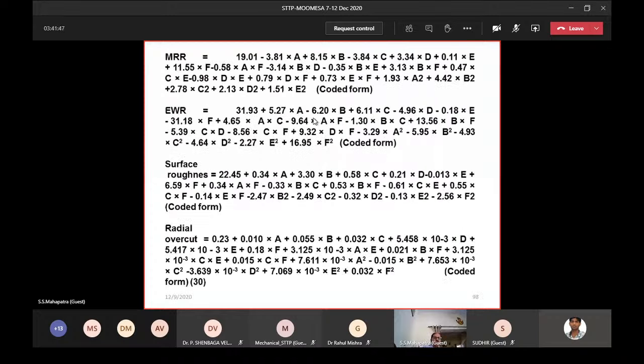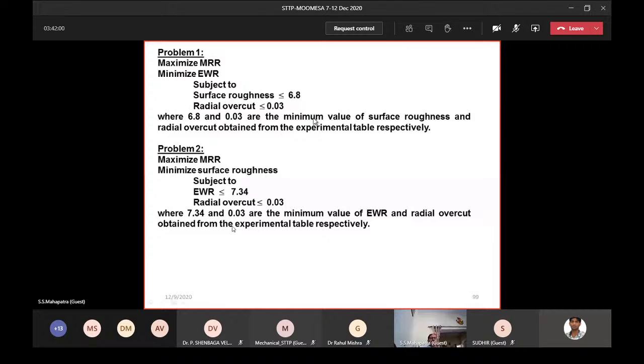Then after this experiment, the empirical relation in the coded form is found for material removal rate, electrode wear rate, surface roughness, and radial overcut. Then there are 4 objectives.